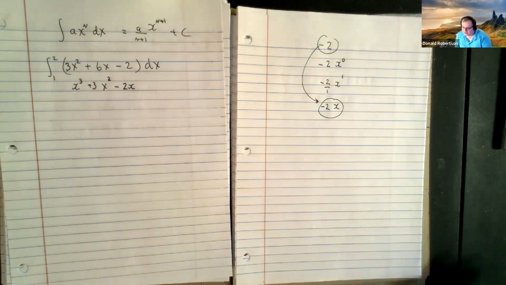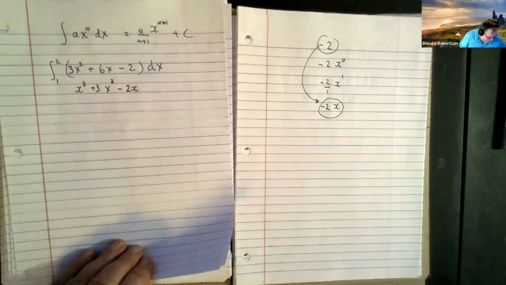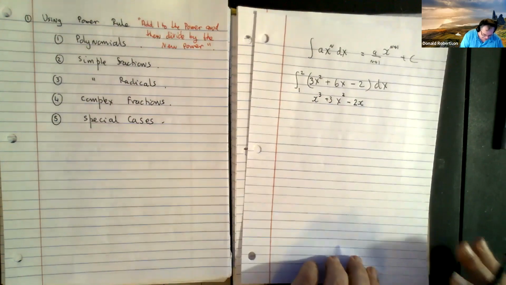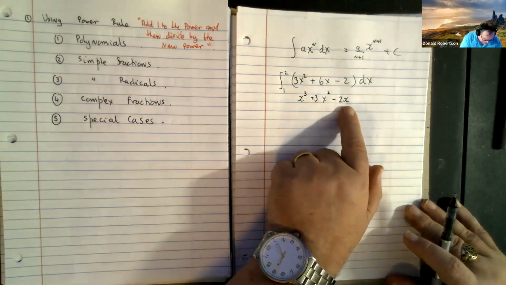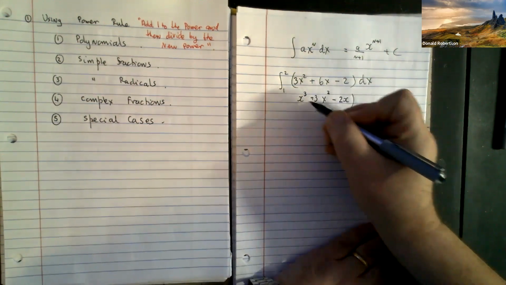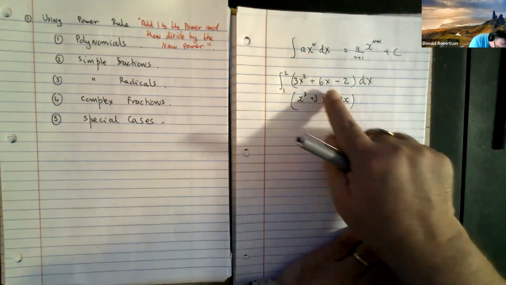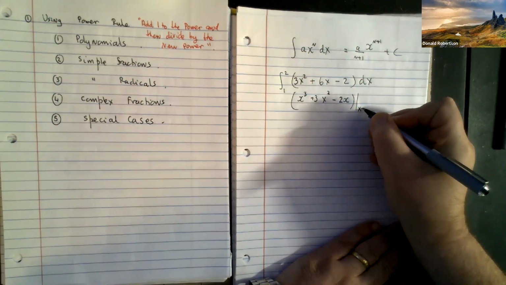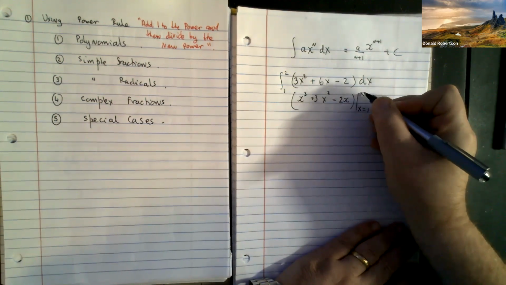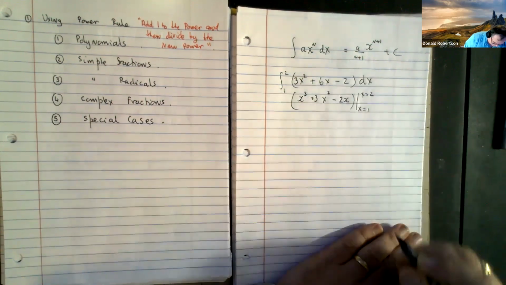So constants, plus 7, minus 3 halves, plus 42, doesn't matter what it is, you can get their antiderivatives by just sticking an x at the end, as we have here. So this is the antiderivative of this polynomial. The usual convention is you then do a vertical line and put in the start and finish values.